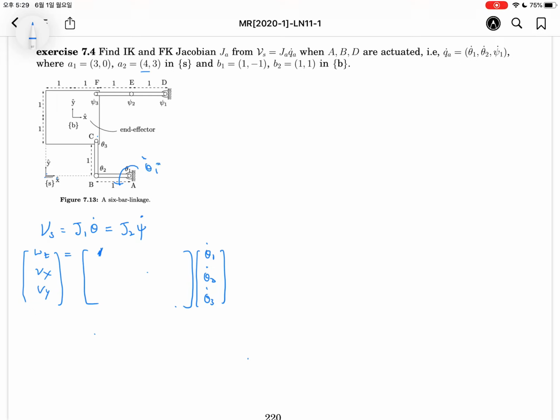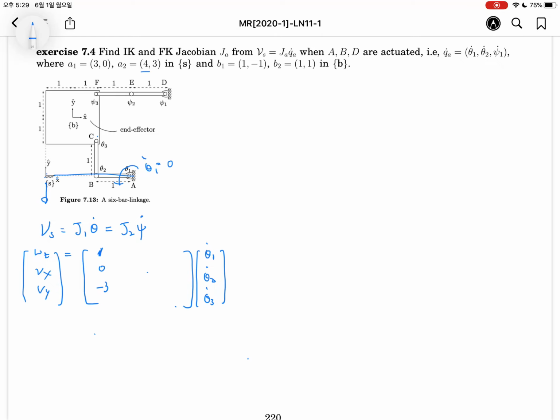Unit rotational velocity will be added to express the screw axis. At that time, a minus y direction linear movement will appear. So the length will be 3 here. So 0, minus 3.